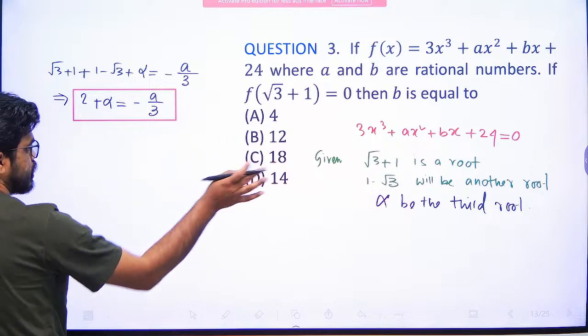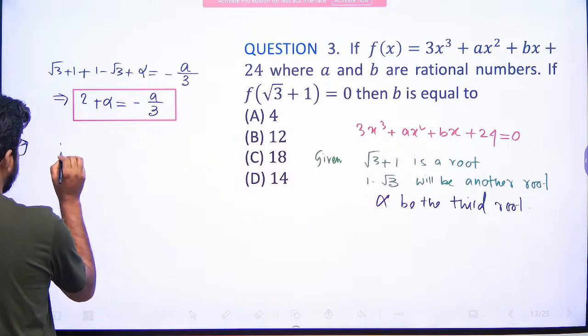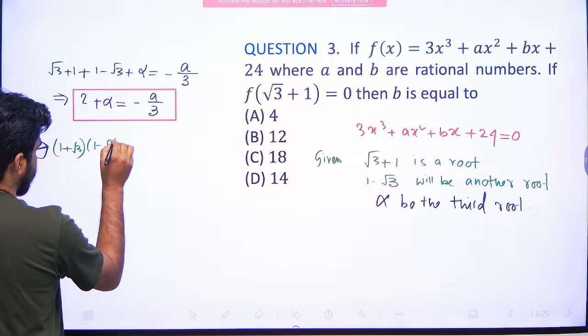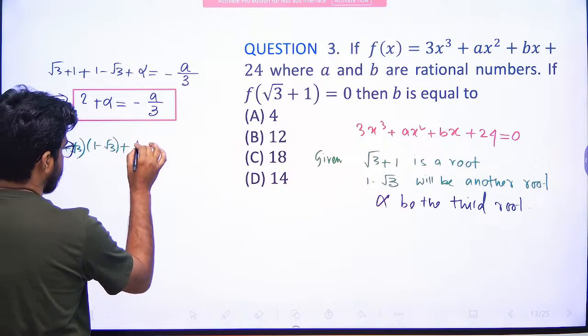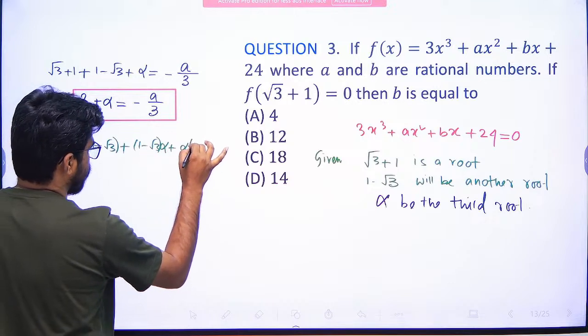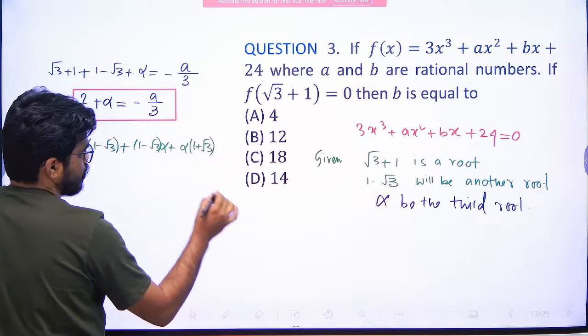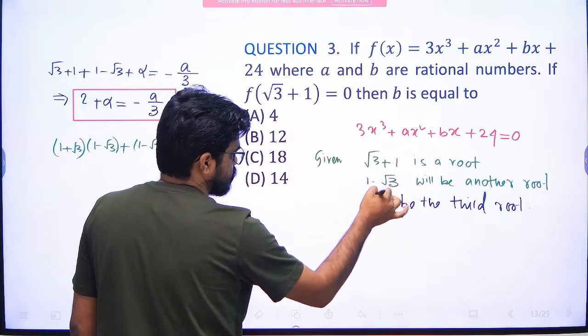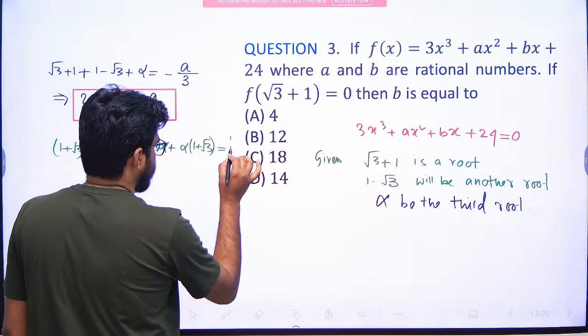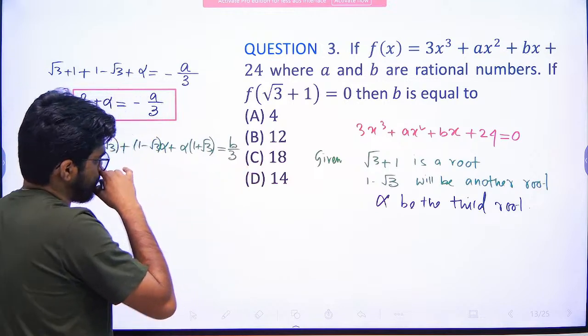Next, alpha beta plus beta gamma plus gamma alpha. You imagine this is alpha, this is beta, this is gamma. Alpha beta plus beta gamma plus gamma alpha, so this will be b by 3.